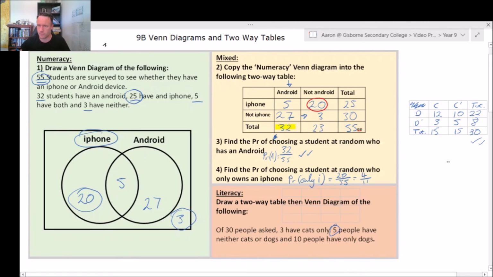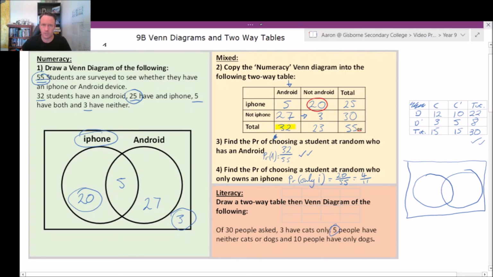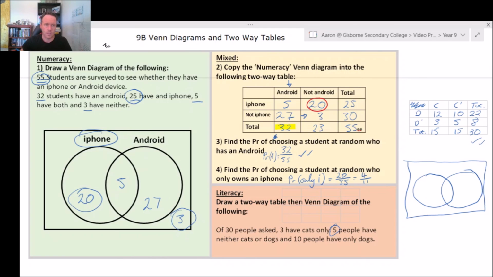Now, putting that into my wobbly Venn diagram. Alrighty, so dogs and cats, we said that there was 12 for both.